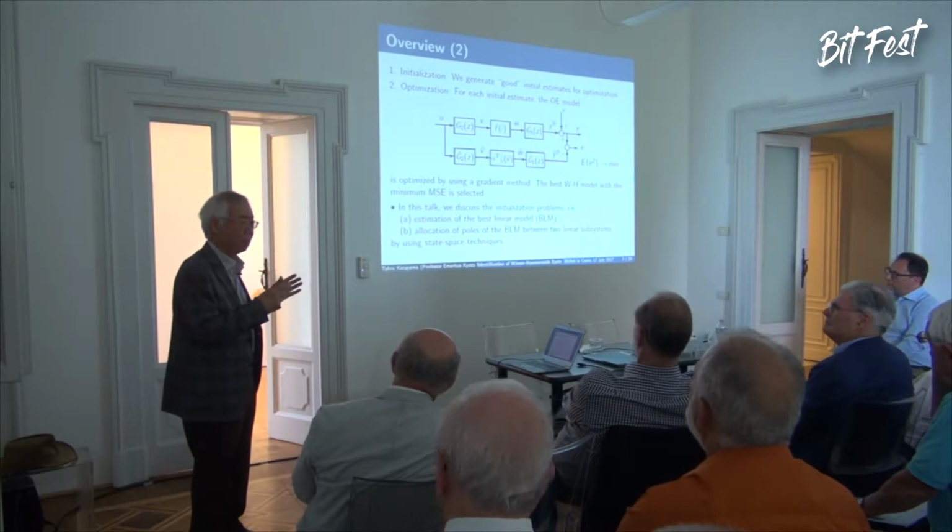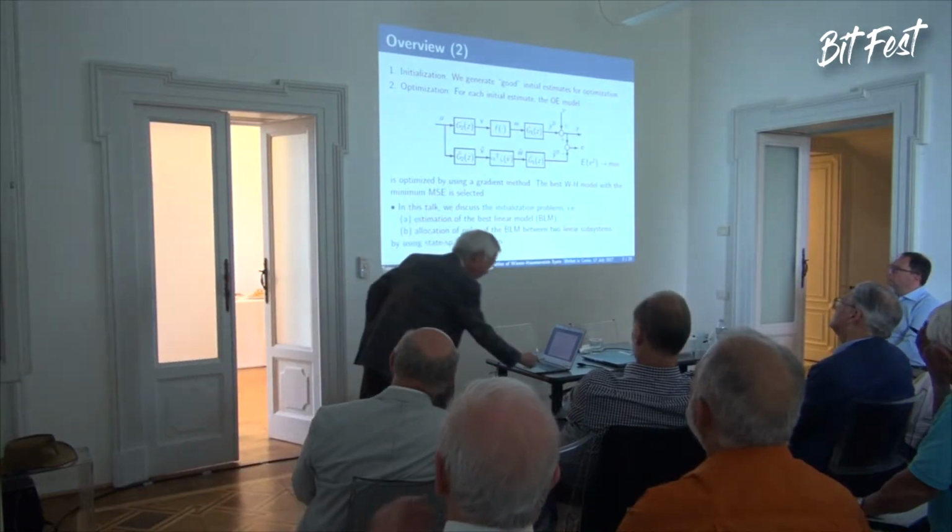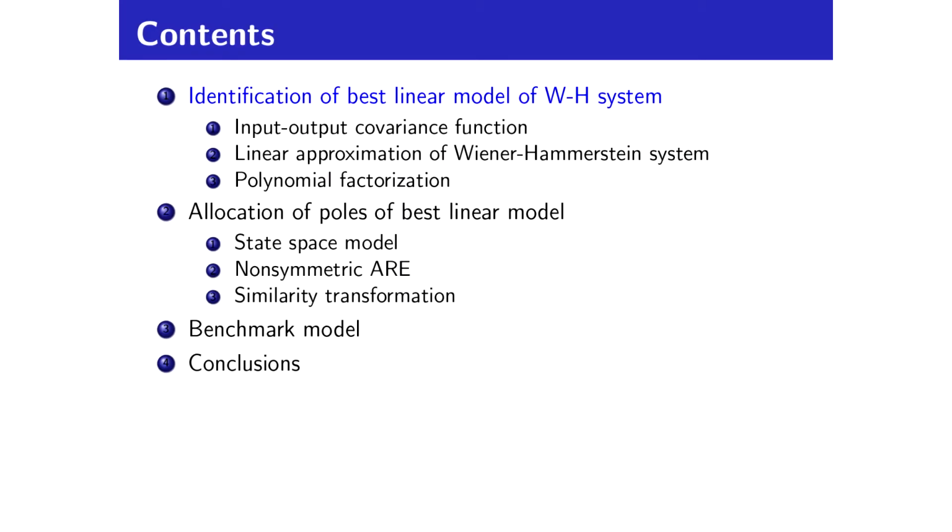But in this talk, I just discuss the first stage only. In other words, the estimation of the best linear model and the allocation of poles of the best linear model between the two linear subsystems by using a state space technique. This is a pole allocation or spectral factorization problem that arises in nonlinear system identification.